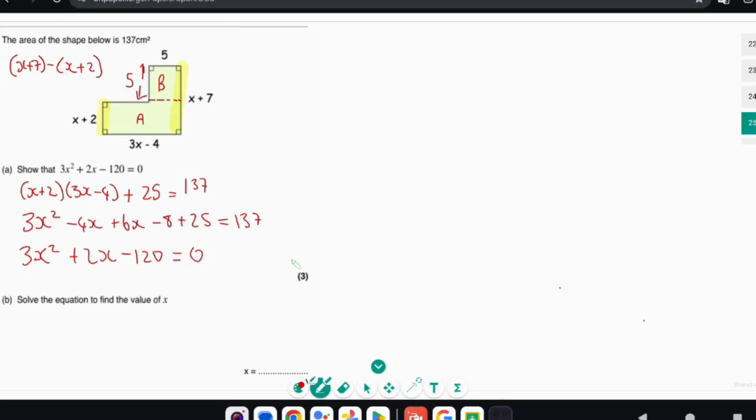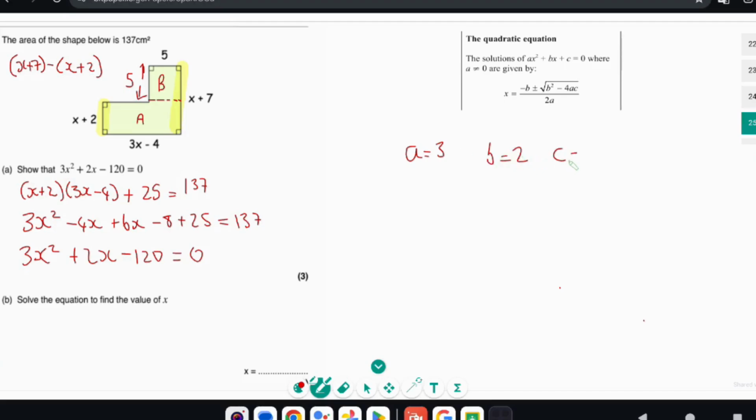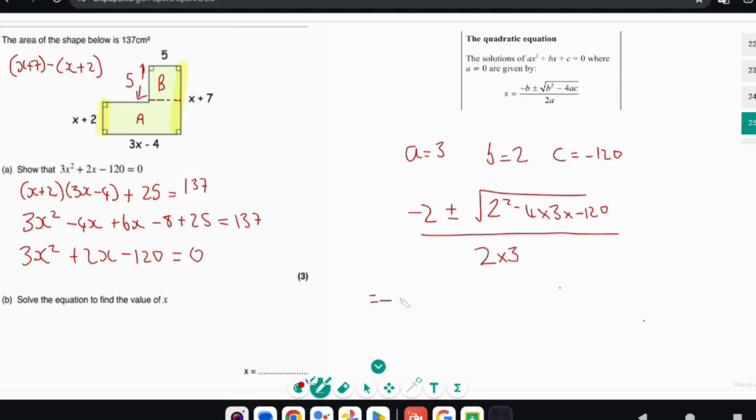Solve the equation to find x. I'm going to use the formula again, I think. Just because 3 times minus 120 is minus 360. It's going to have loads of factors. A is 3, B is 2, C is negative 120. Minus 2 plus minus the square root of B squared minus 4 times A times C, all over 2A. Let's simplify.